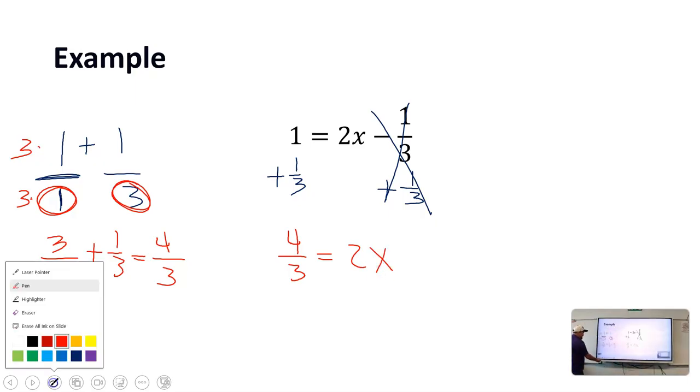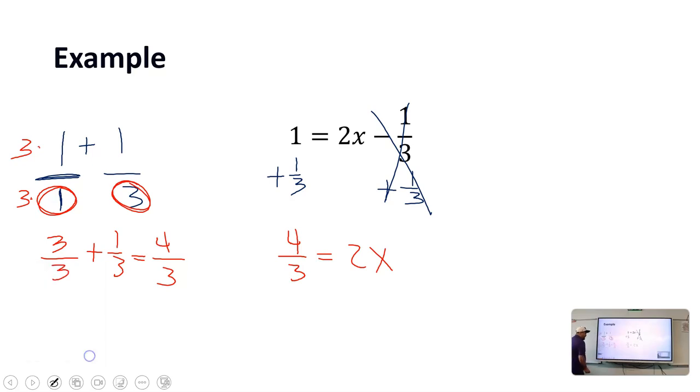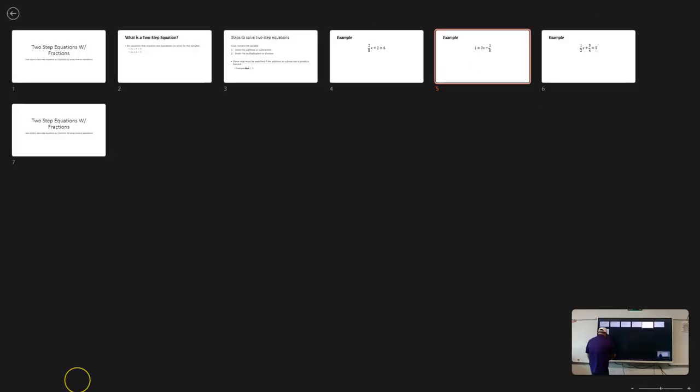Okay, and then for my final step, we're going to go ahead and divide both sides by 2. Now, dividing by 2 is the same thing as multiplying by the reciprocal. What's the reciprocal of 2? Well, that would be 1/2.